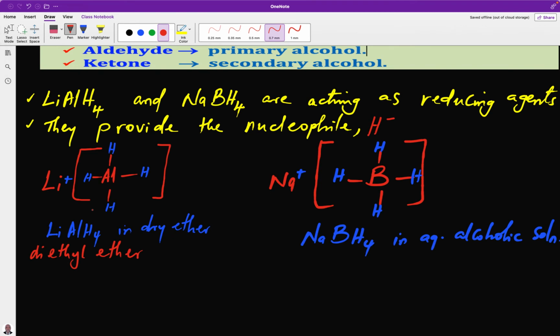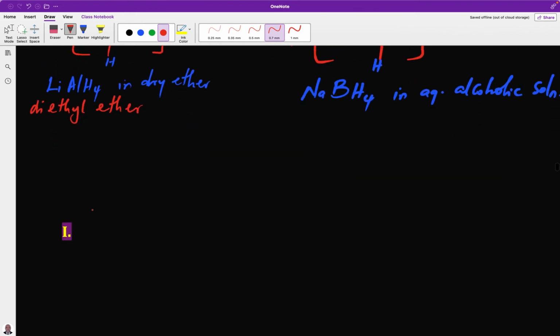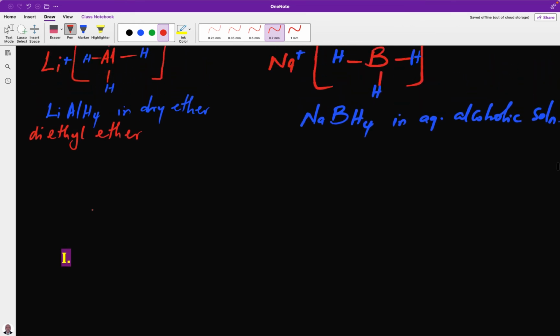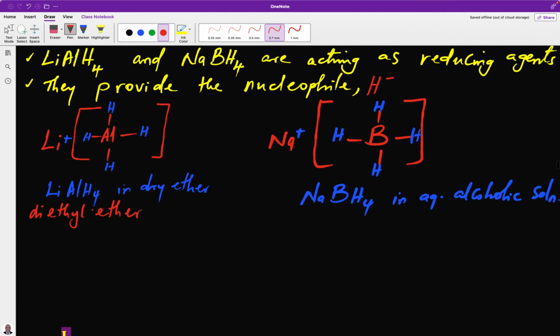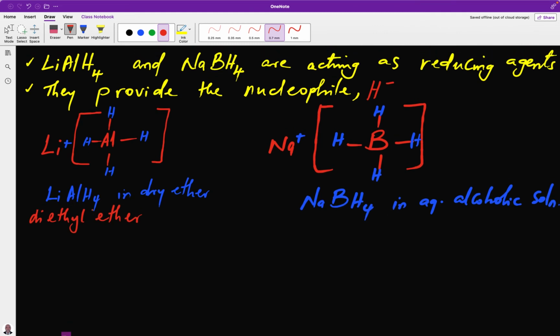So now, in this preparation, you can either warm the aldehyde or the ketone with any of these reducing agents. We will start in the first case with reducing the aldehyde to primary alcohol.